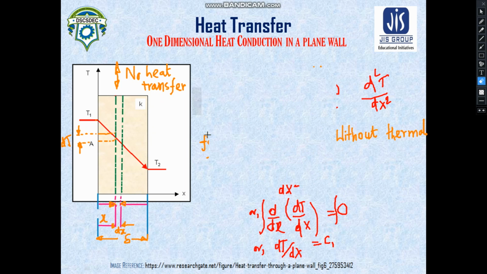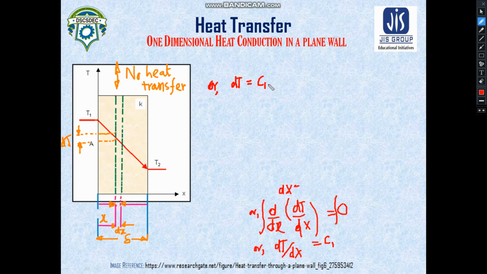Now let us perform the integration once again. So it will be dT equal to C1 into dx. Here we are not taking any kind of limits, because we will solve this equation with the help of boundary conditions.